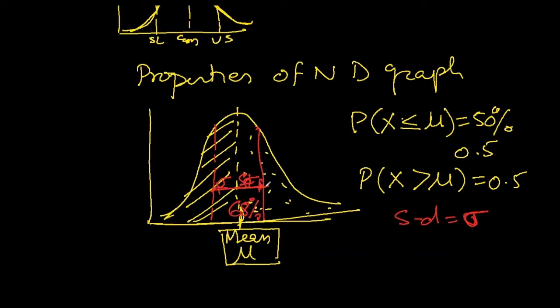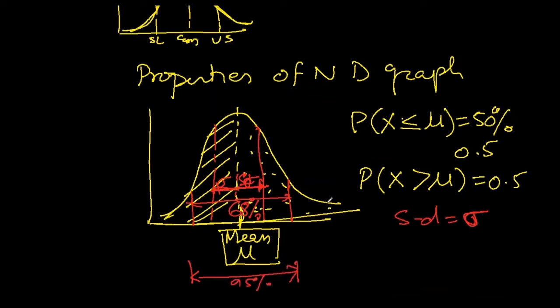Now if we go to the second sigma, two sigma above and two sigma below the mean, that is 4 sigmas in total. The probability of finding data here is 95%.